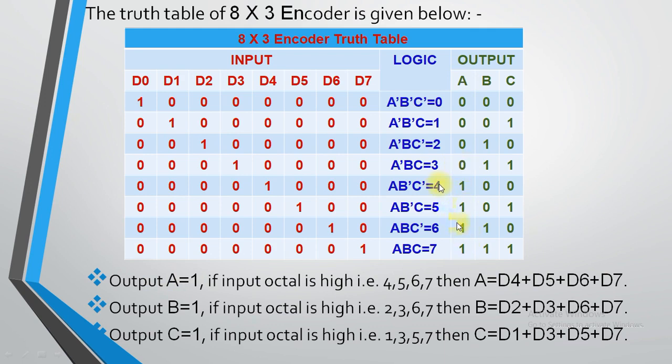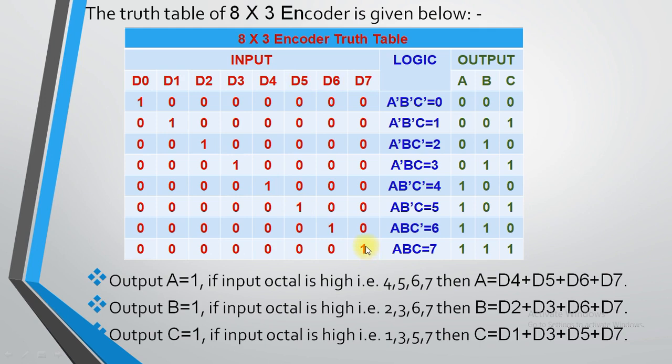That means 4, 5, 6 and 7. So for these last 4 logics, which input line is activated? D4, D5, D6 and D7. See over here, D4, D5, D6 and D7.